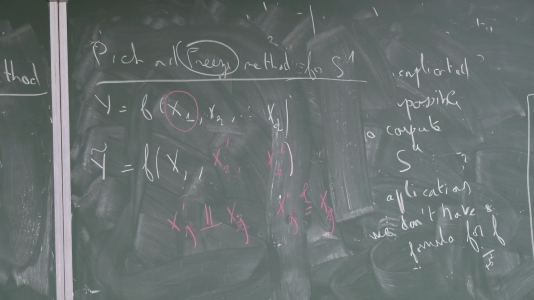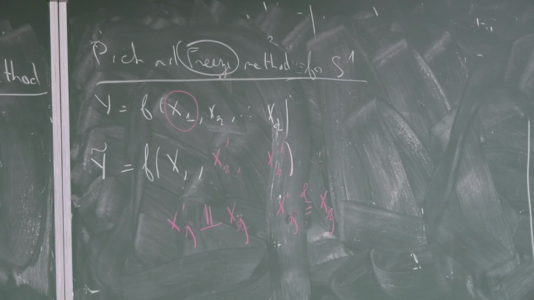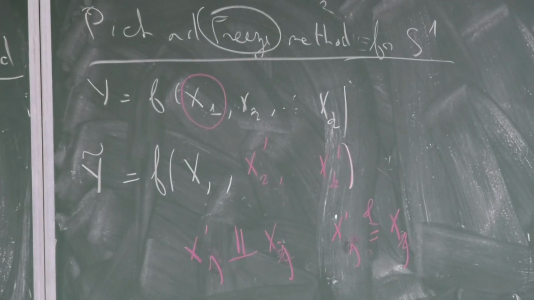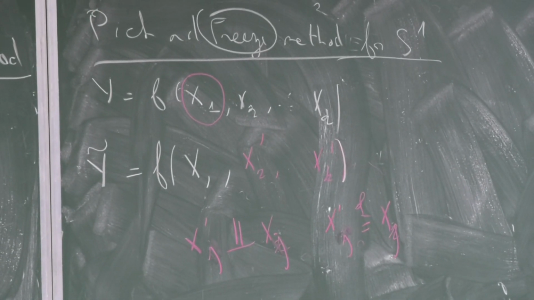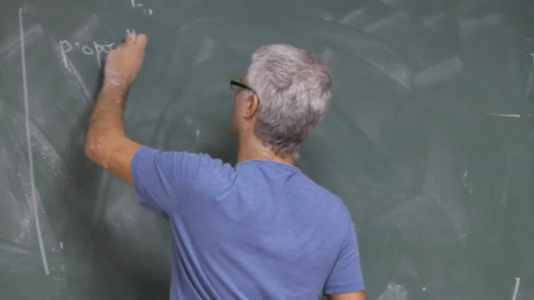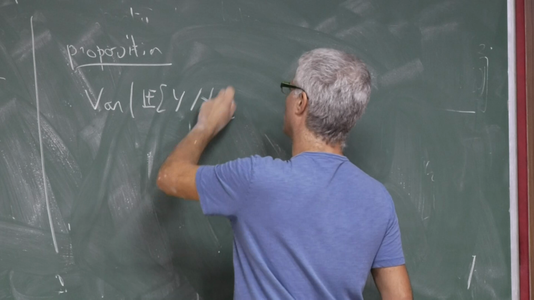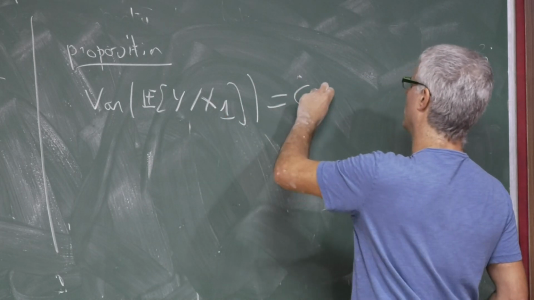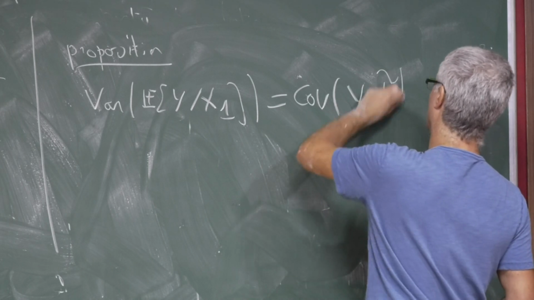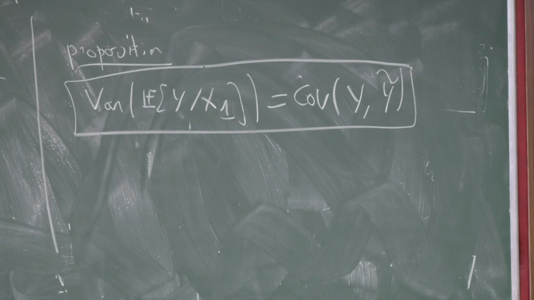And here a miracle is happening: the variance of the conditional expectation is just the covariance between the two variables, y and y tilde, okay?